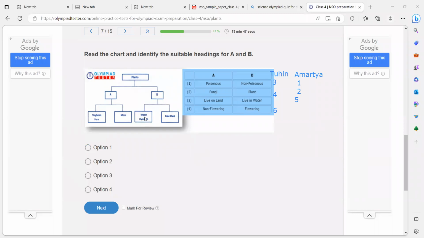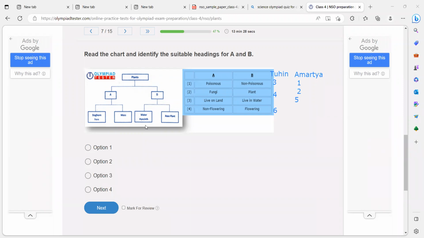Water hyacinth, is it poisonous or not? If I tell you that, then I have to tell you the answer, beta.